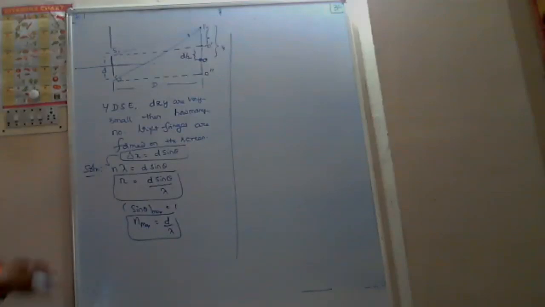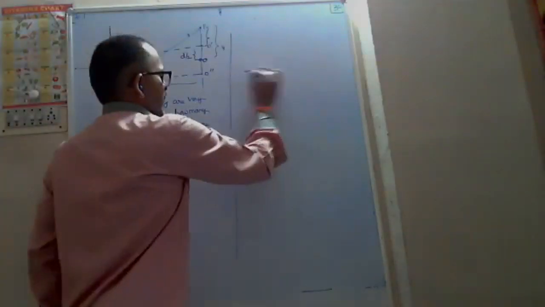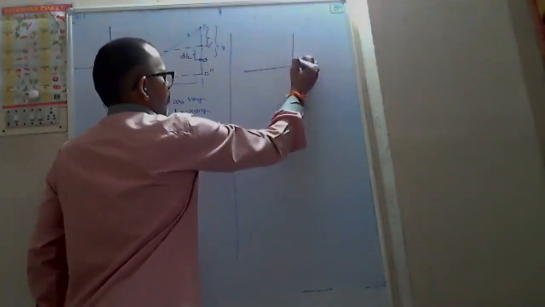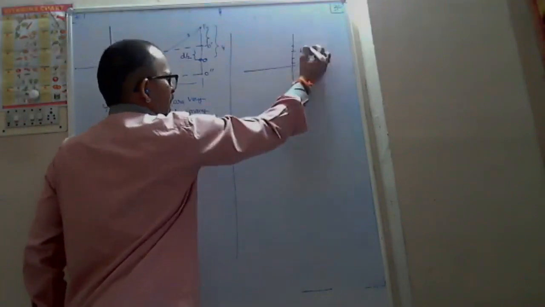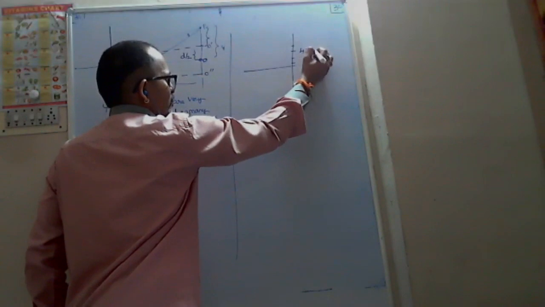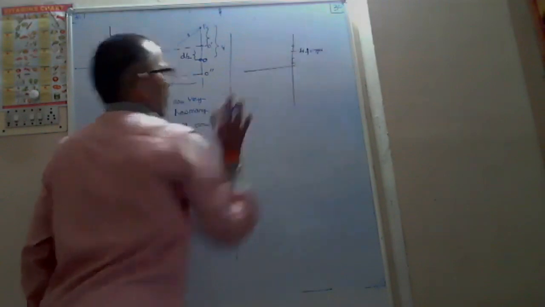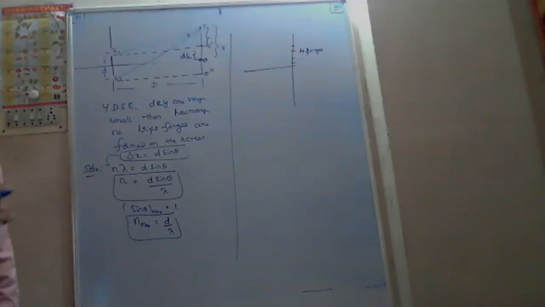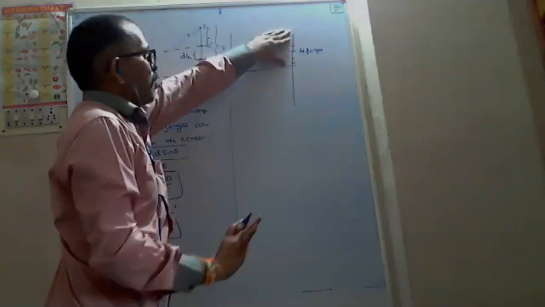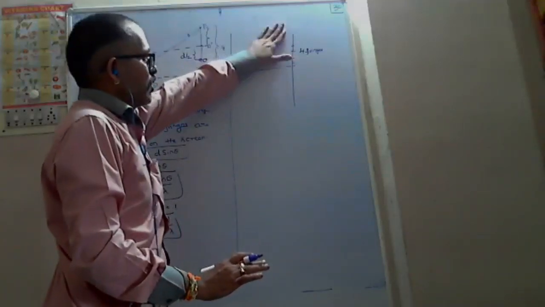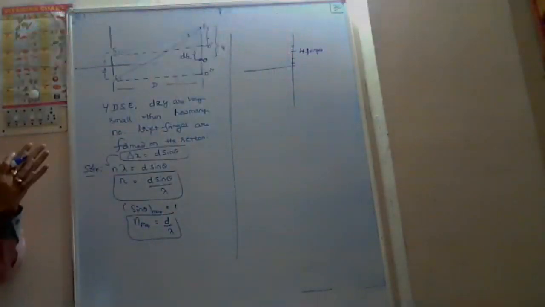Suppose there are 4 bright fringes formed at maximum. How many fringes are formed on the screen? You told me 4 bright. I am asking how many bright fringes are formed on the whole screen.